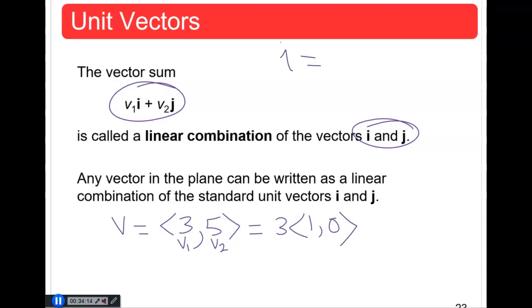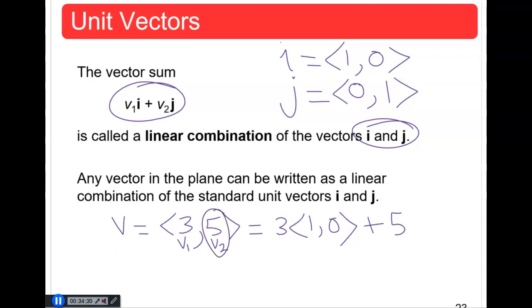Remember, that is the unit vector that is on the horizontal axis. And then we have vector j, which is the unit vector that is on the vertical axis. So it will be plus v sub 2, which is 5, times vector j, 0, 1.